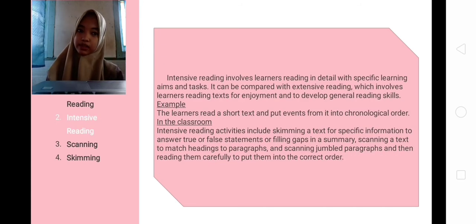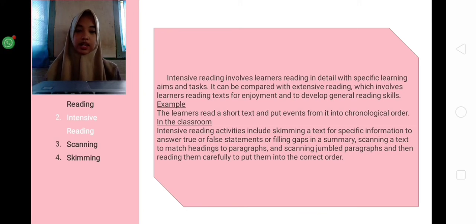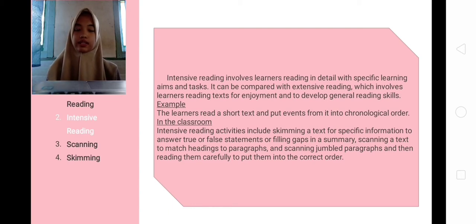And the next, intensive reading. Intensive reading involves learners reading in detail with specific learning aims and tasks. It can be compared with extensive reading, which involves learners reading text for enjoyment and to develop general reading skills. For example, the learners read a short text and put events from it into chronological order.